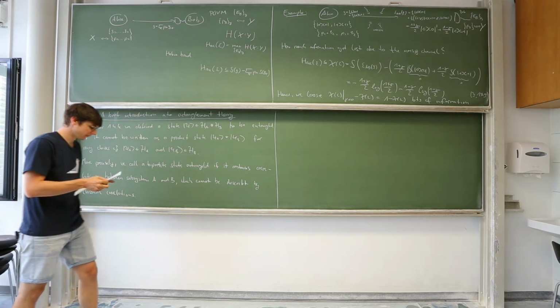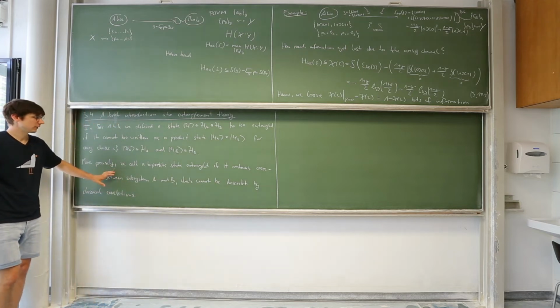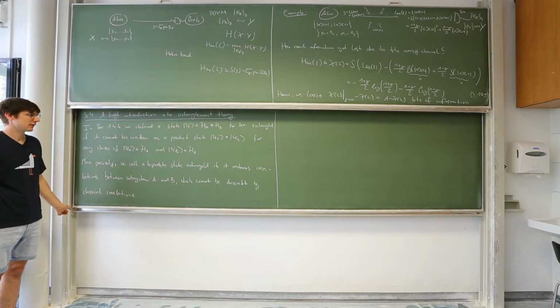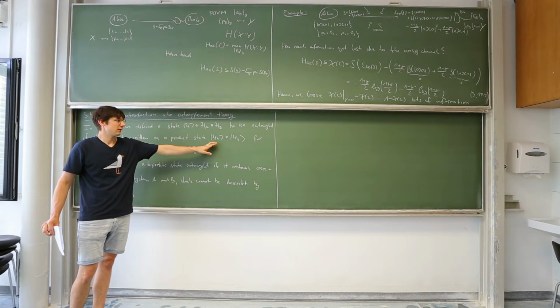Well, this statement here, that we call a bipartite state entangled if it contains correlations which cannot be described by classical correlations, is for bipartite pure states. So for pure states, this is equivalent to saying that we're having not a product state.